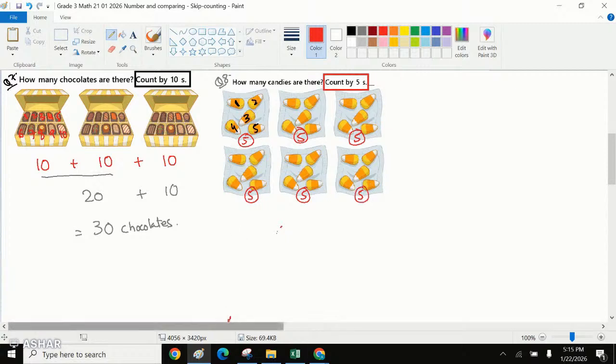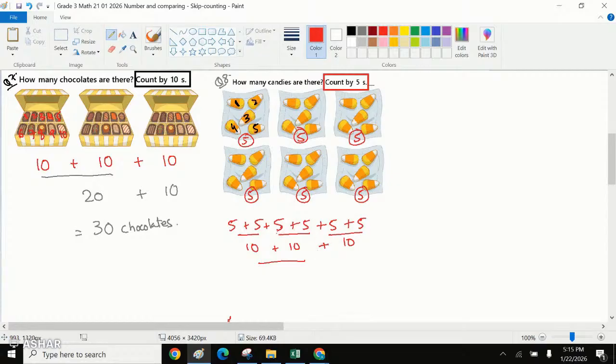So can we say 5 is added how many times? 6 times, right? Plus 5 plus 5 plus 5. 5 plus 5 is 10, 5 plus 5 is 10 and 5 plus 5 is 10. When we add them together, 10 plus 10 would be, yes, thank you, Precious. And thank you, Rebecca.